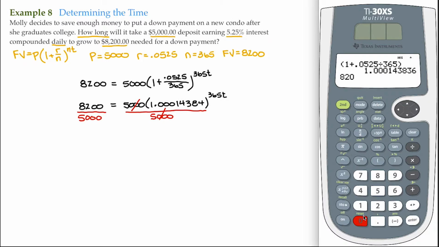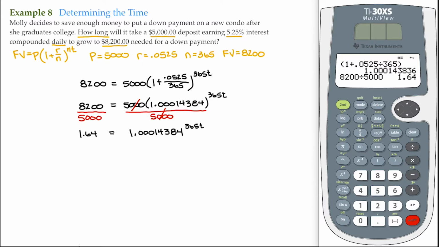8,200 divided by our 5,000 is 1.64. So 1.64 is going to be equal to 1.00014384 raised to the 365T power.